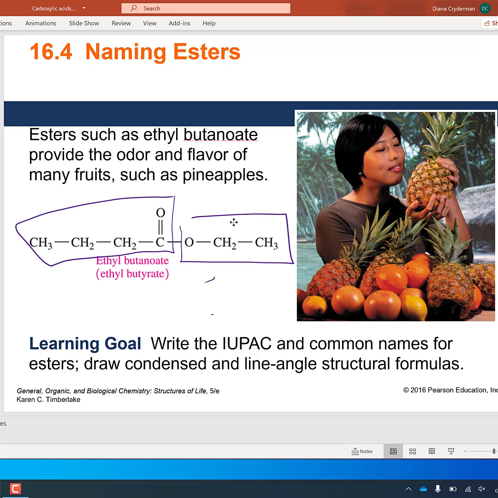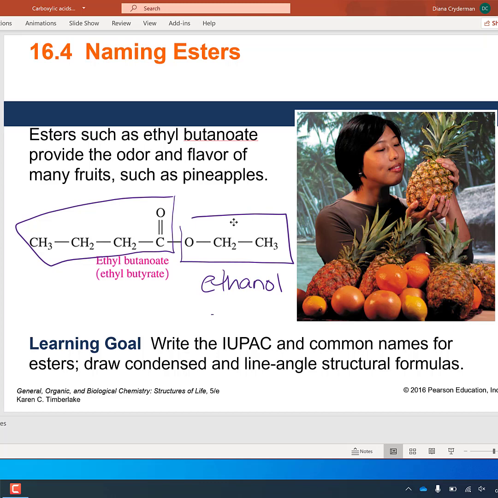So this would have been an ethanol, and over here would have been a 4-carbon carboxylic acid. So it would have been butanoic acid. But if we give it the ion name, it would have been butanoate.